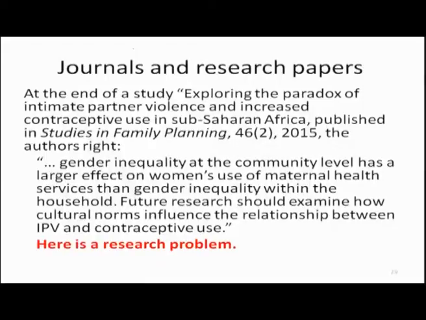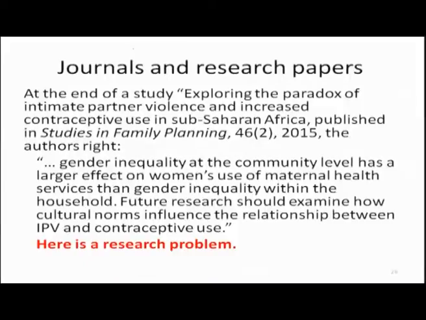There are various types of gender inequalities: at the community level, at the household level. So, this article is suggesting that gender inequality at the community level has a larger effect on women's use of maternal health services than gender inequality within the household.